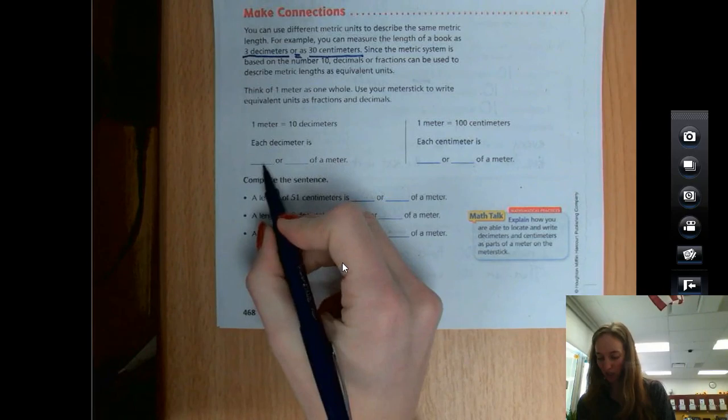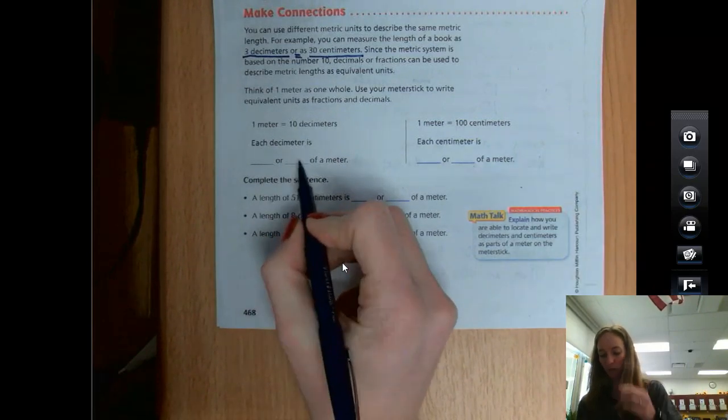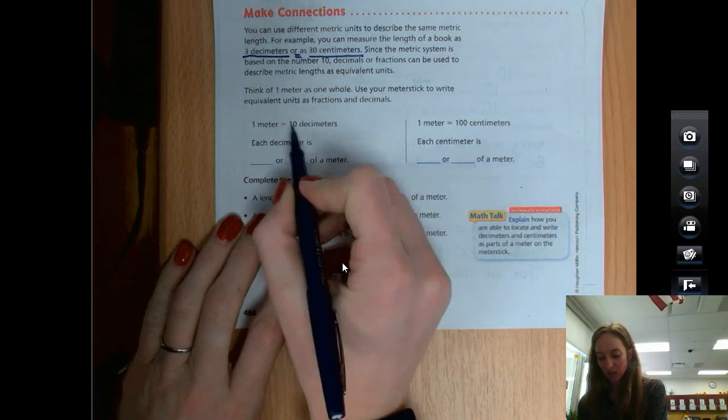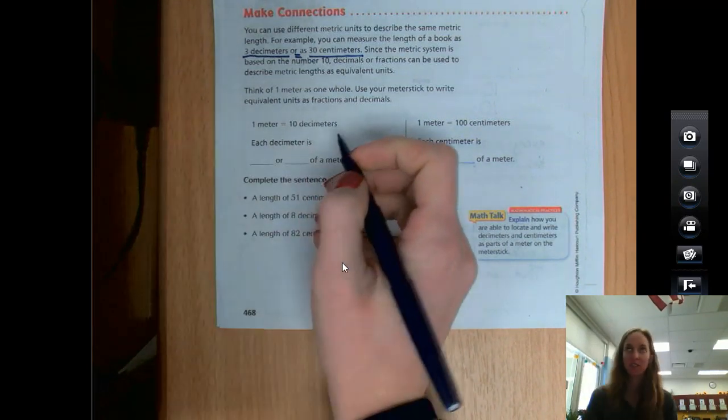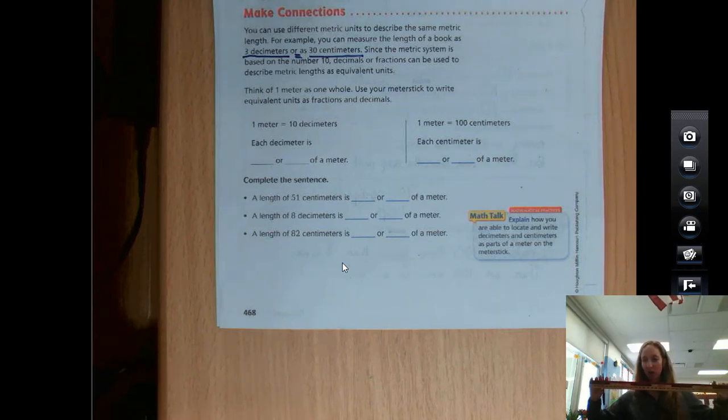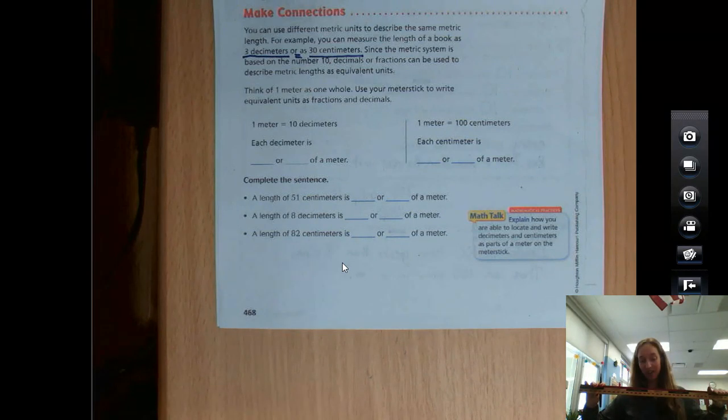Each decimeter is blank or blank of a meter. So each decimeter is what of the entire meter? Does that make sense, guys? If you're thinking of this like a fraction bar, it would take 10 of these decimeters to get my whole meter. So one of these would be 1/10.